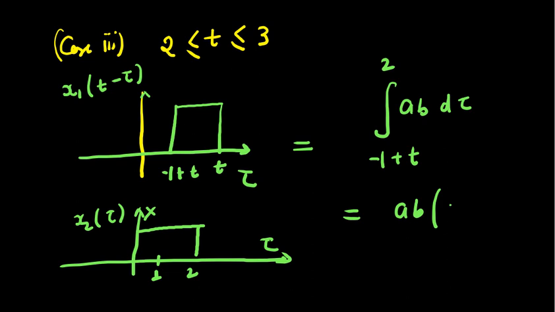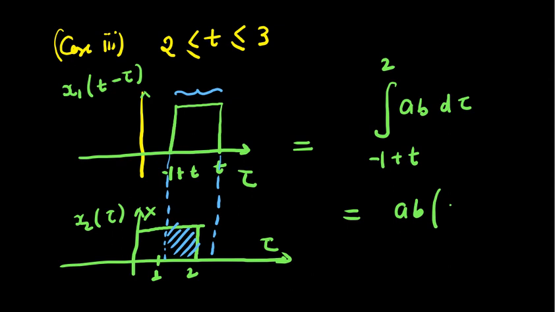This is 1, this is 2, this is t, and t is greater than 2, so from up to here only we will get, no? Because you have to find out the region where both are non-zero. Minus 1 plus t is greater than 1 and t is less than 2, sorry, t is more than 2, so this is the region where both of the signals are non-zero.